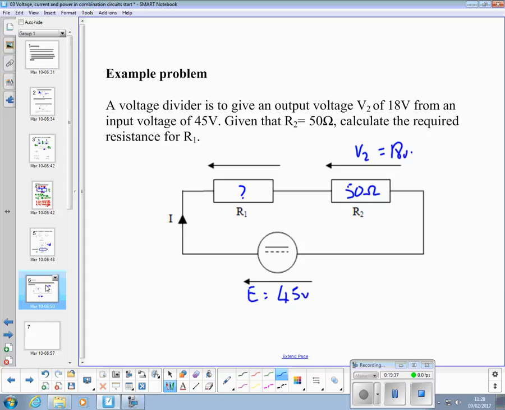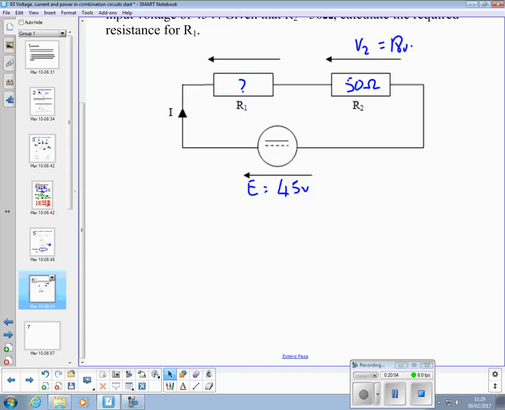And you've got no current. Not been given a current. Don't know that resistor value, so you can't calculate the current. Or can you? We'll come back to that, but you can.